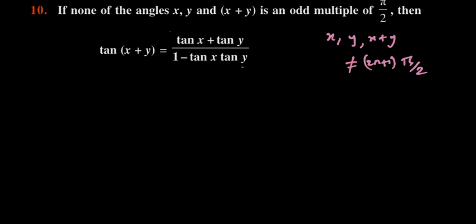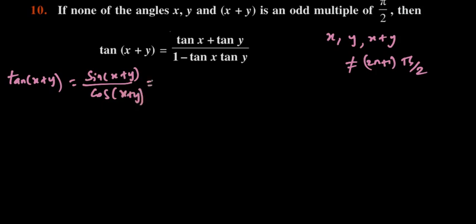For this, let me take the left hand side. Our left hand side will be tan of x plus y. Tan of x plus y can be written as sin of x plus y divided by cos of x plus y.